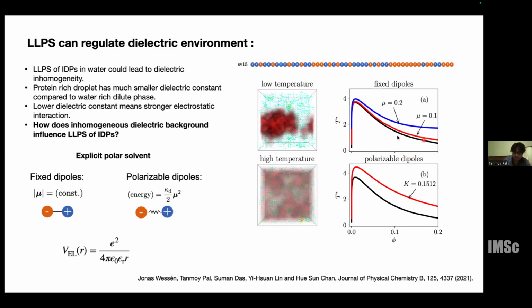To model this, we considered a dipole solvent where the solvent molecules can have either a permanent dipole or a polarizable dipole moment. And when there is no dipole moment, the solvent is non-polar, and the corresponding phase diagram is this black curve. But when you turn on the polarity, the phase separation propensity actually increases. This was the effect of the dielectric environment on LLPS.